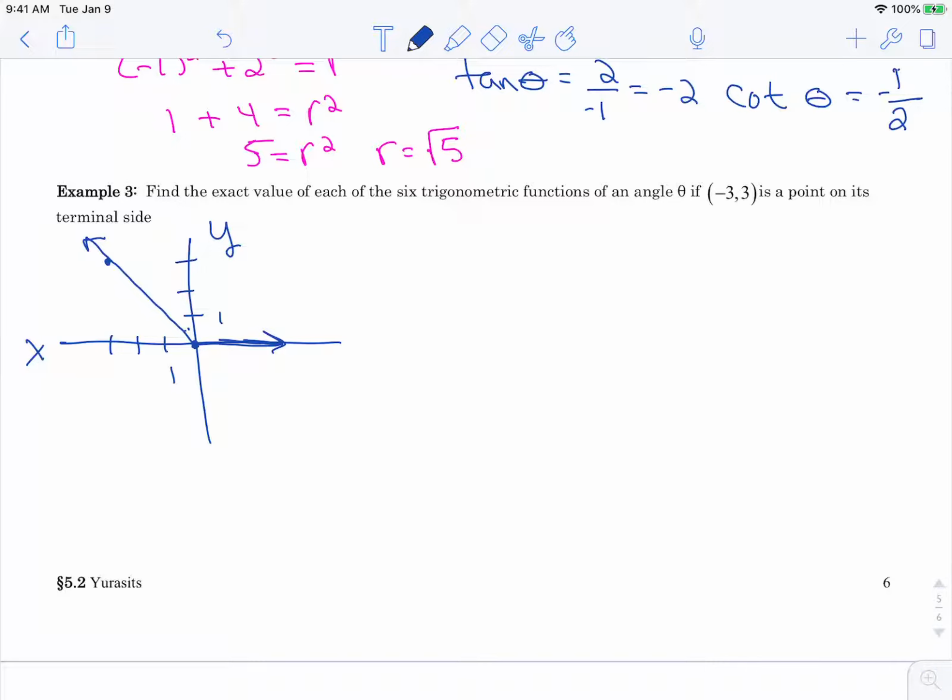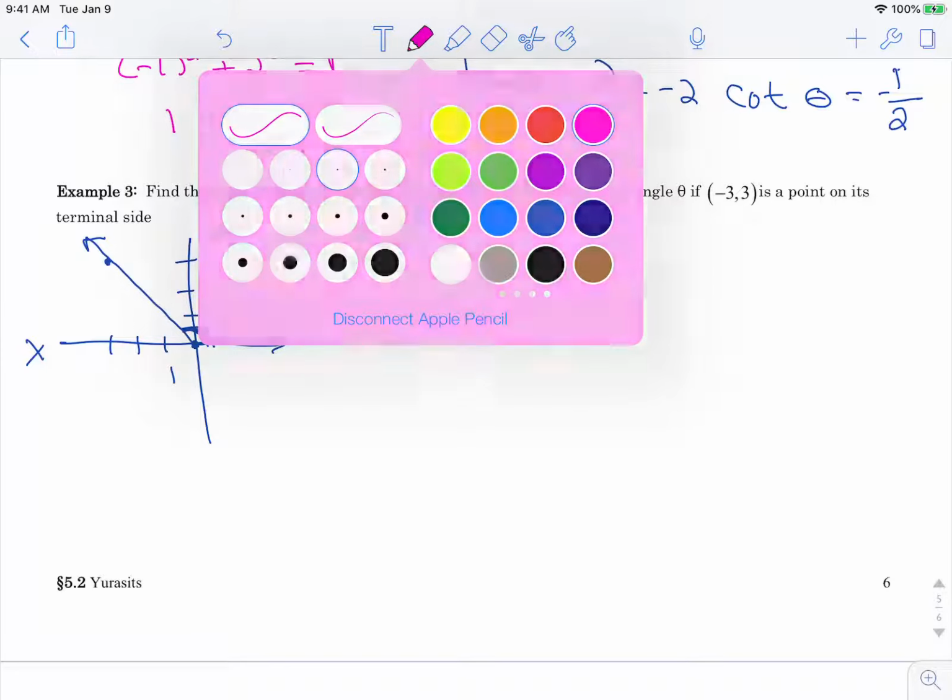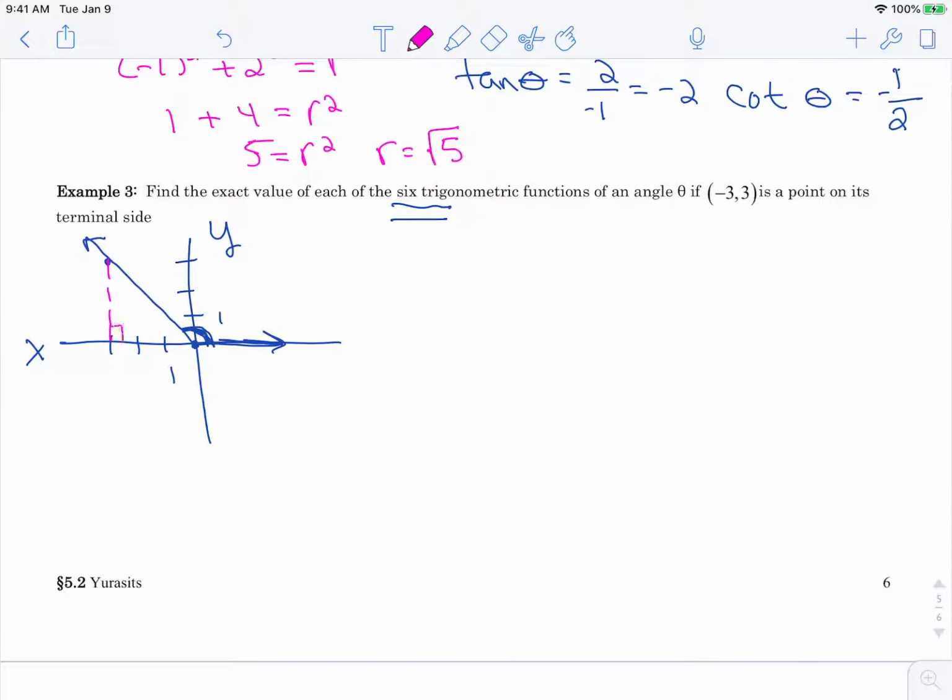And we're using this angle to figure out these 6 trig functions, but I use the reference angle to help me figure it out. So this value from here to here is negative 3.